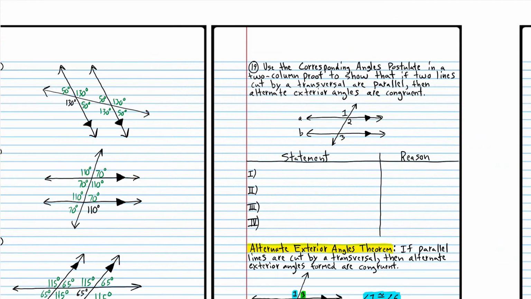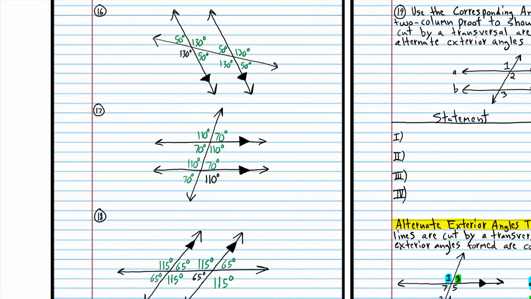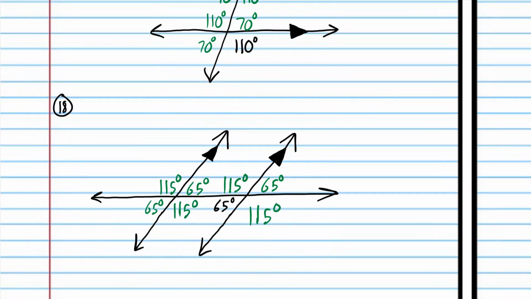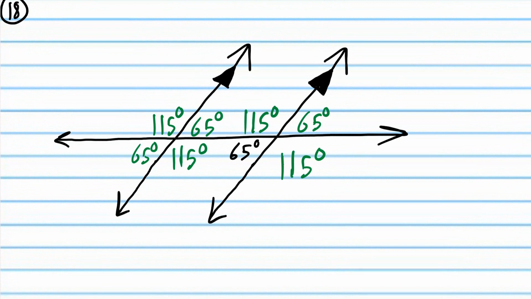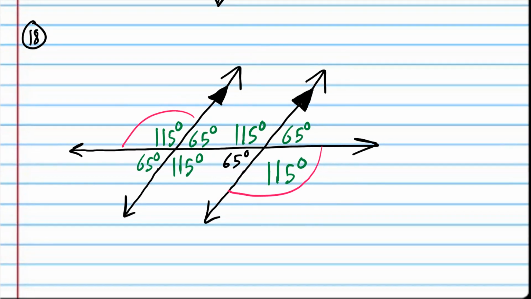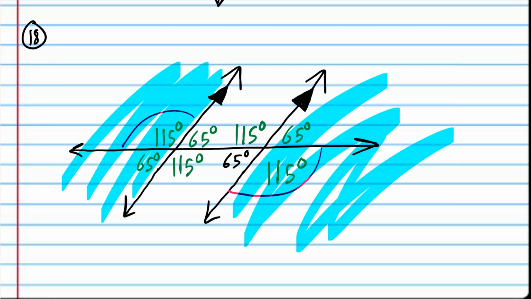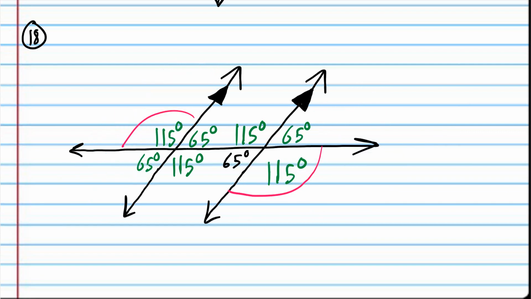Now, I want you to notice something about these angles. Let's look at the last one you just did. Notice that this angle here is equal to this angle in every single case. Remember, we just learned those are called alternate exterior angles, because they're both on the outside of the two lines cut by the transversal.